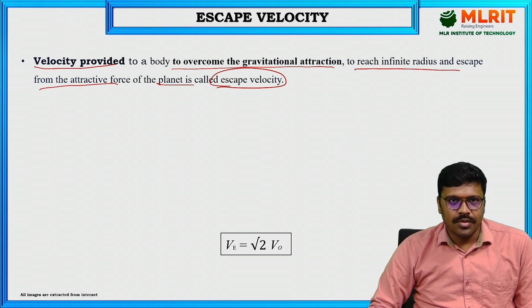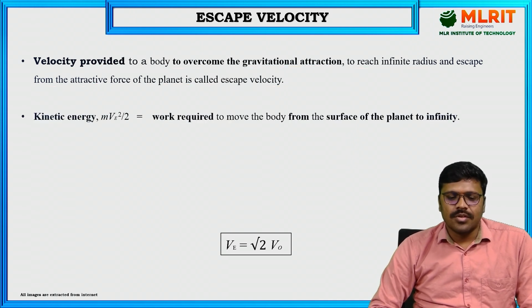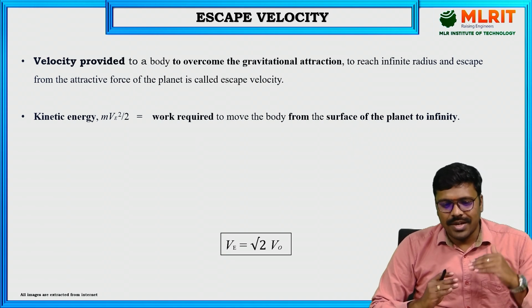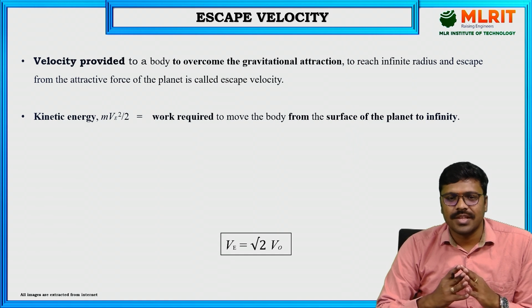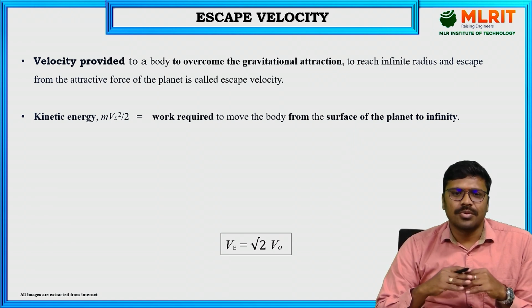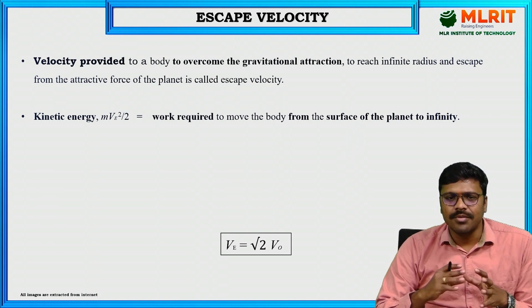Right. So, how do we calculate this escape velocity? Here we have to send an object from the Earth. If you consider the Earth, we have to send an object from the Earth surface to an infinite radius. To do that, we have to do some work.